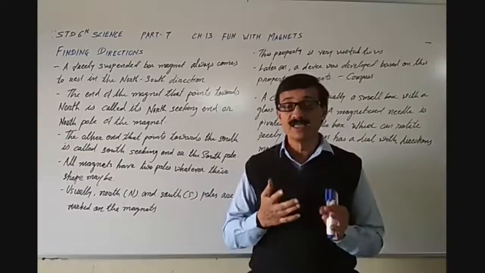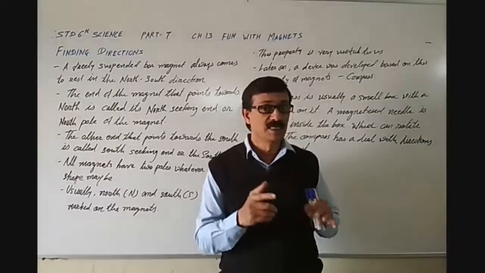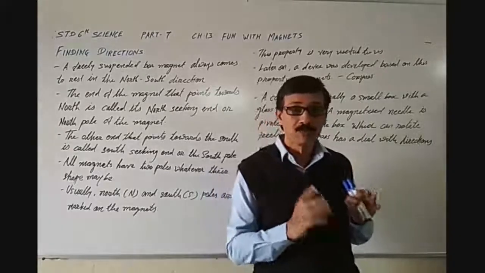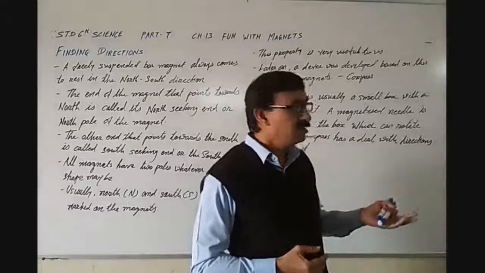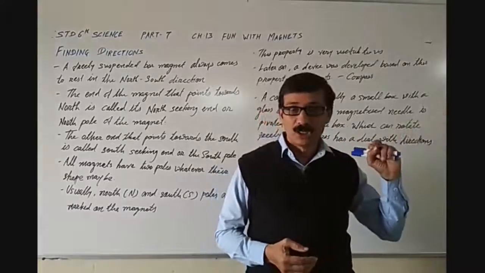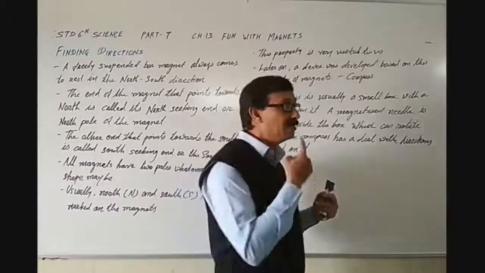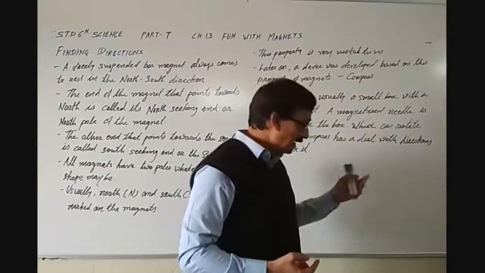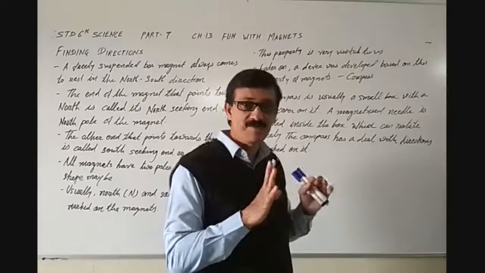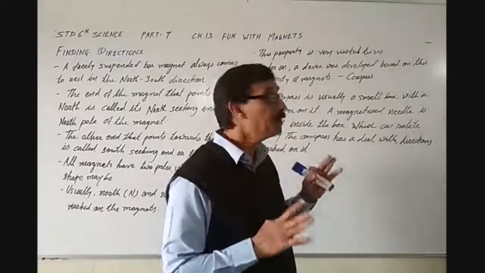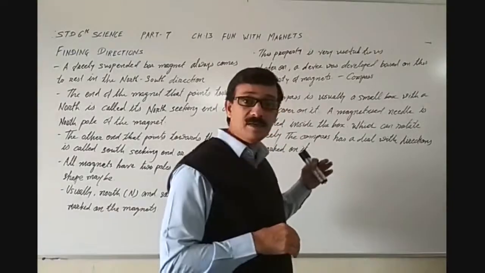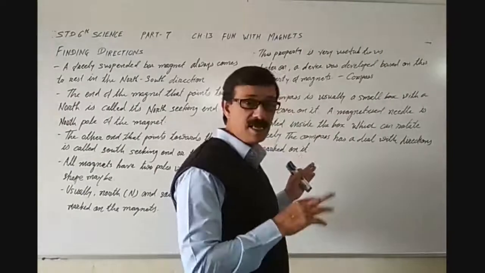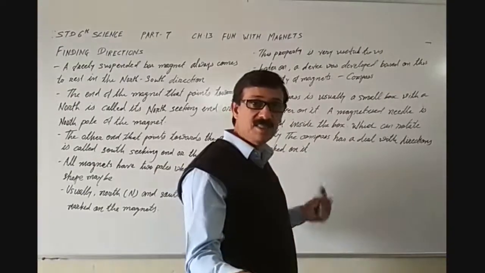Now, another way to find out the direction north and south: in the morning the sun rises in the east. So if we face towards the sun, then what will happen? My left side, this is very roughly, will be the north and this side will be the south direction.